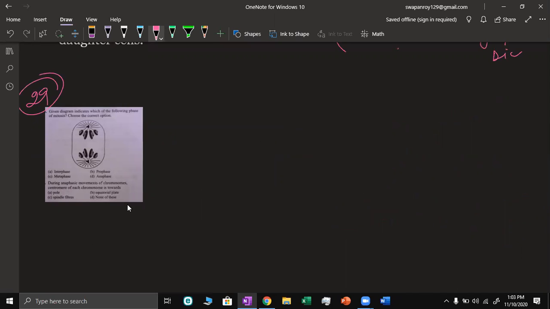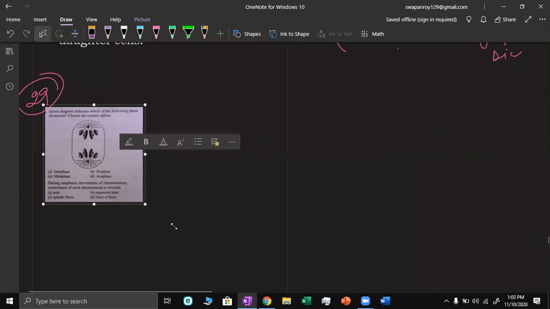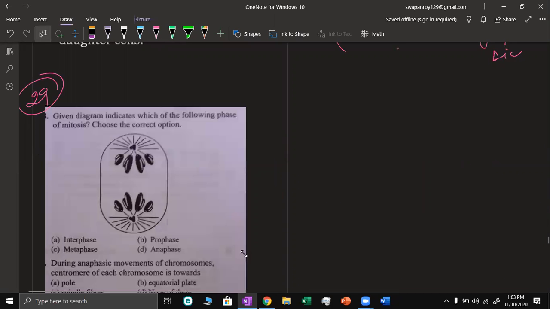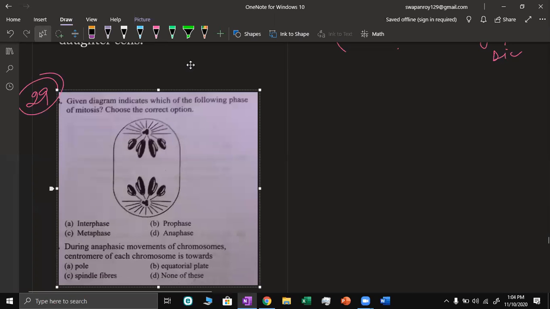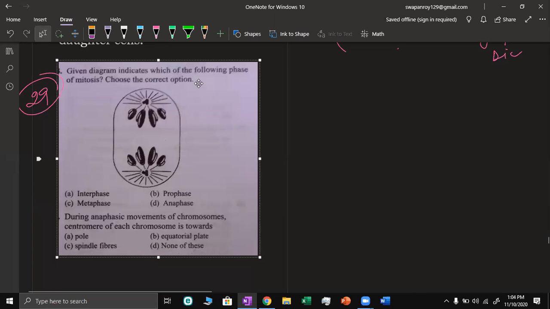29. This question is also based on a diagram, a similar type. The given diagram indicates which of the following phases of mitosis? Choose the correct option. The correct option is anaphase.